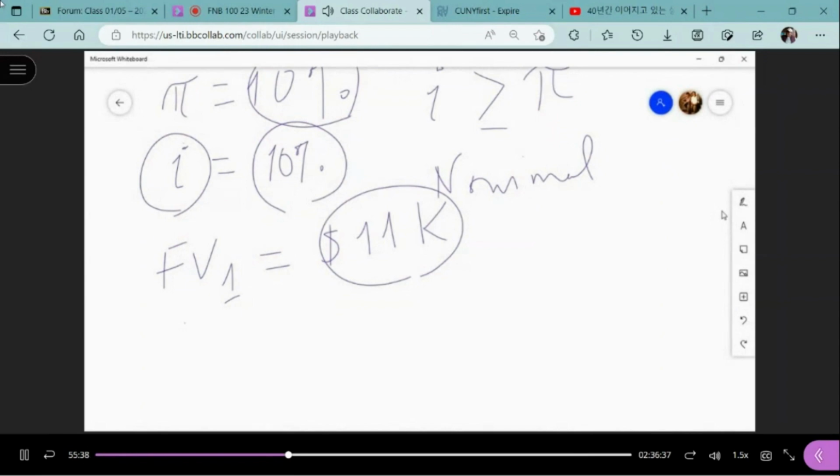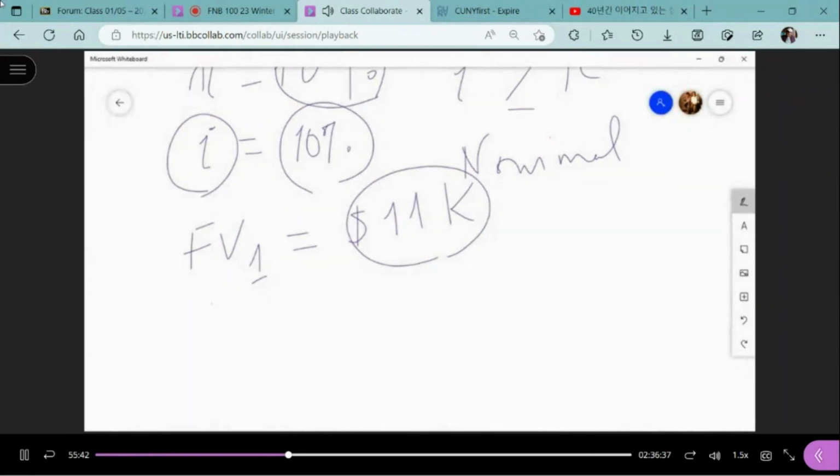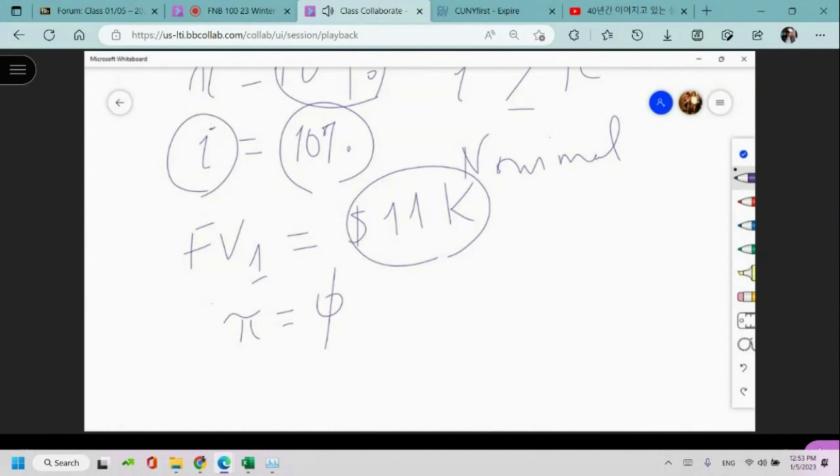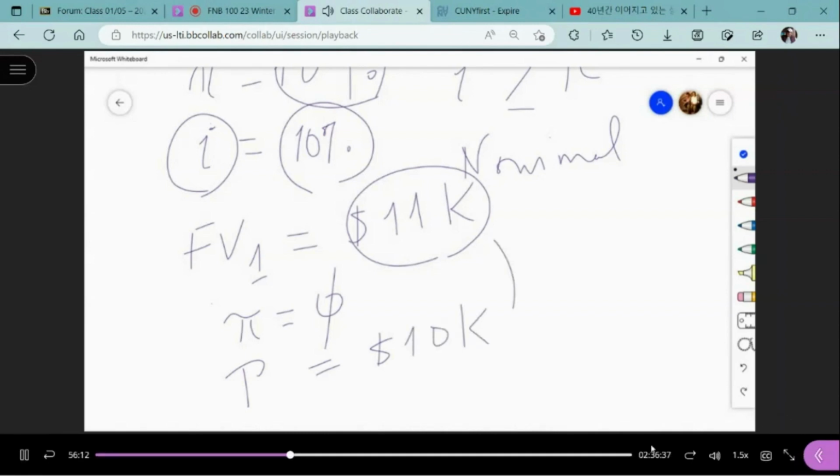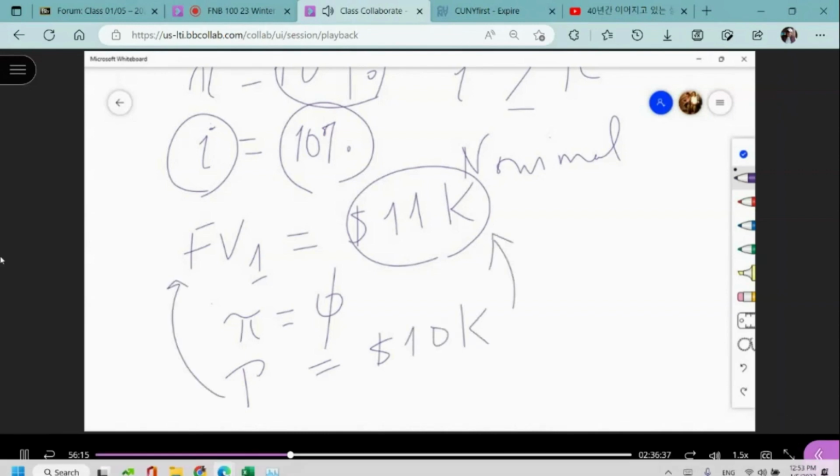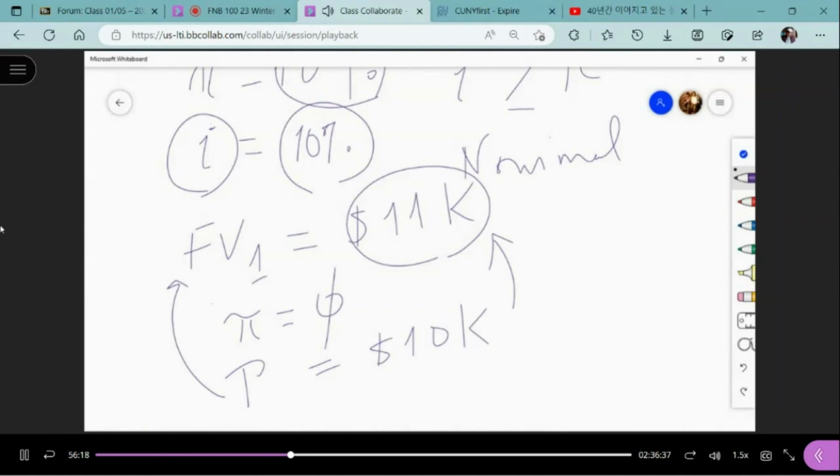Now, one thing you can tell is that if inflation is 0%, then with 11K you can buy 10% more than what you could buy a year ago. Because a year ago the principal was 10K, and now a year later you have 11K in your bank account.